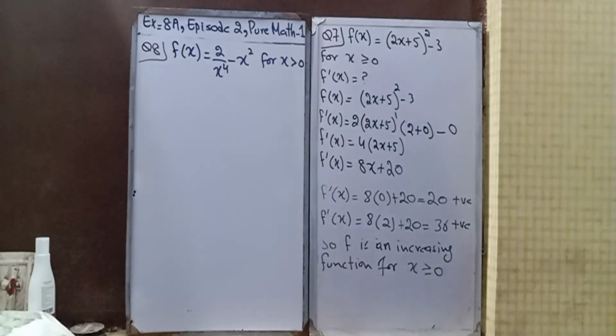Show that f is a decreasing function. We have to show that for values of x greater than 0, this function is decreasing. So how do we show that? We find its derivative for this range of values of x.